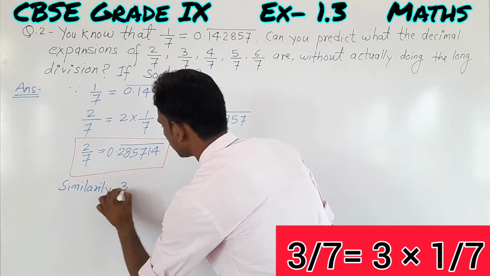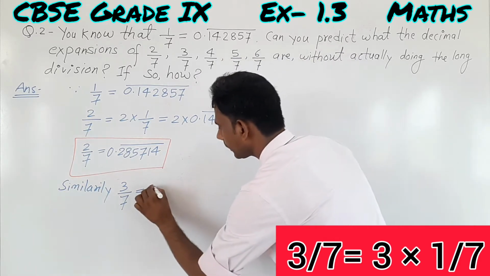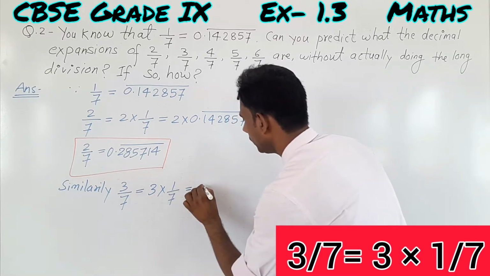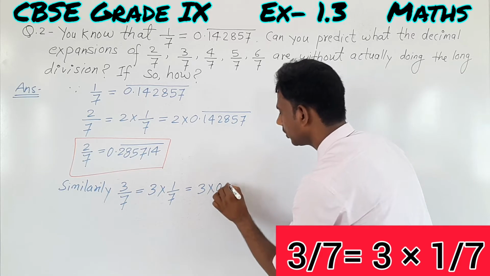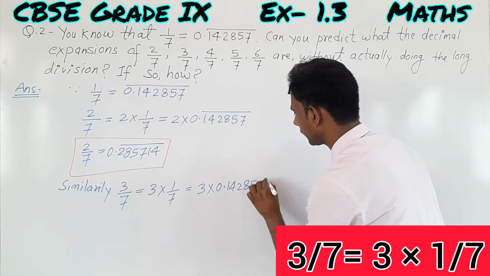3 upon 7. 3 upon 7 equals 3 multiplied by 1 upon 7. This will be equal to 3 multiplied by the value of 1 upon 7, 0.142857 bar.